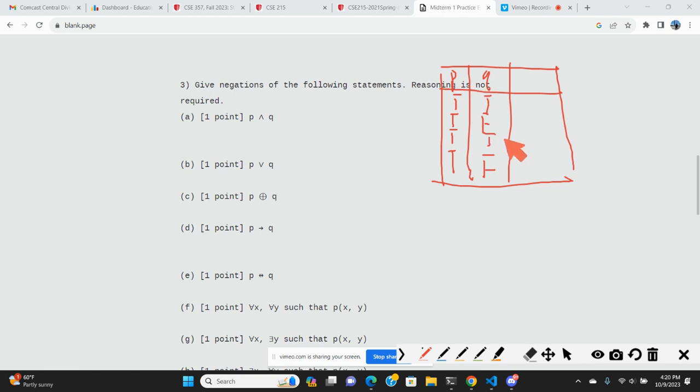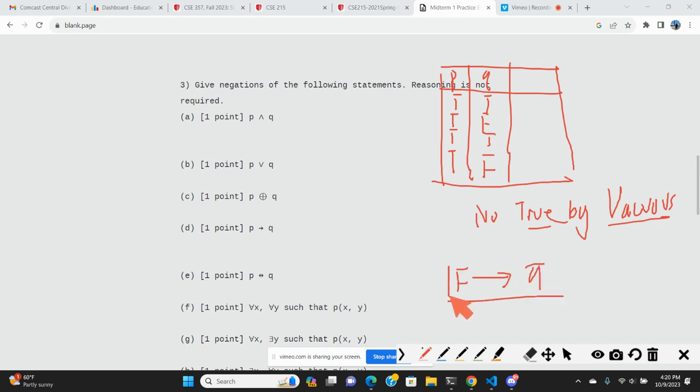That means there's no vacuous truth. Vacuous truth is when false implies true. So in this case, it is essentially the same thing as the conditional, except this condition is false. So the truth table looks as follows.